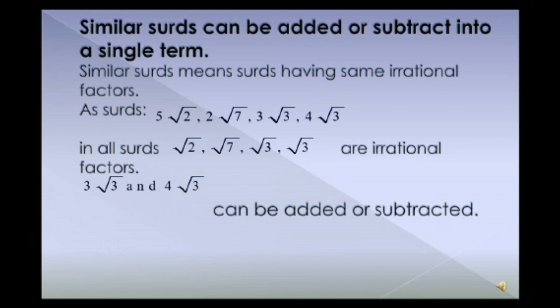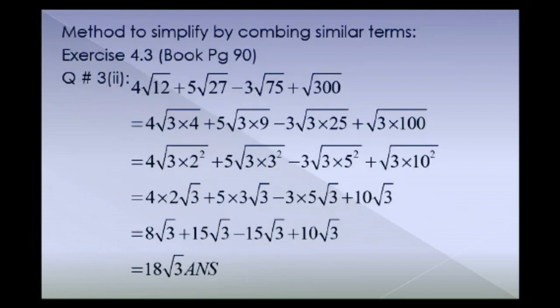All these are surds, and in all these surds, under root 2, under root 7, under root 3 are irrational factors. Now students, you can observe 3 under root 3 and 4 under root 3 have the same irrational factors. So these surds can be added or subtracted. I hope it is clear to you how we can recognize the similar irrational factors.